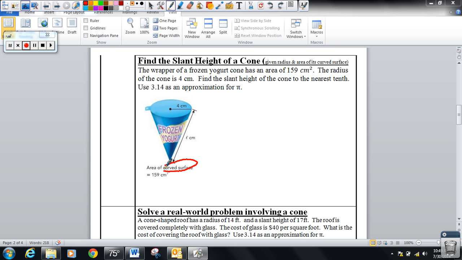So we have to remember what our formula was for the curved surface. And that's the lateral surface area, which is equal to pi r L. So we have that the lateral surface area is 159.